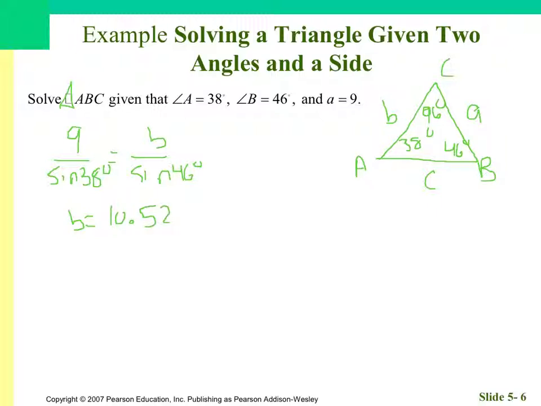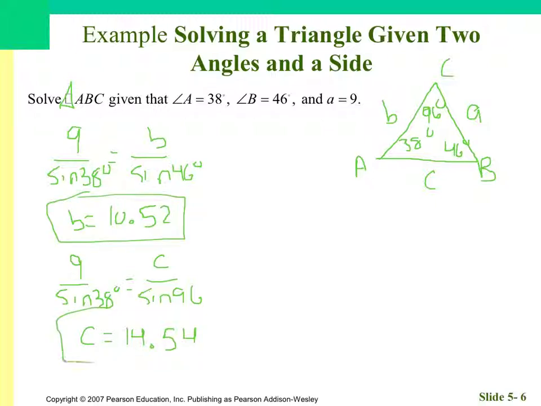Then find c. So 9 over the sine of 38 equals c over the sine of 96. So 9 divided by the sine of 38 times the sine of 96. So I get c equals 14.54.